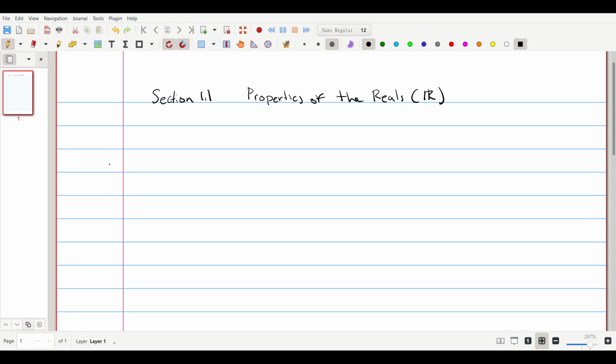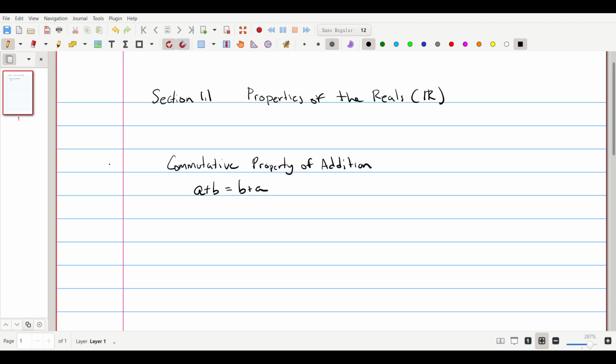The first one is what we call the commutative property of addition. Unfortunately, it's going to take me a little bit to write all this, and this is given by the expression a plus b is equal to b plus a.